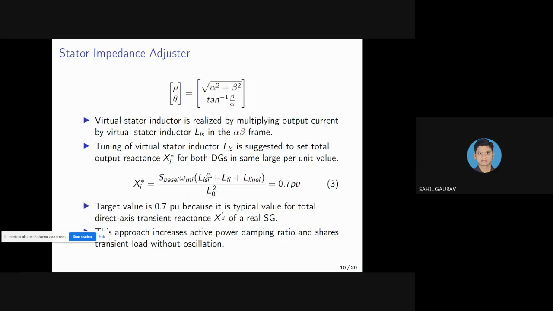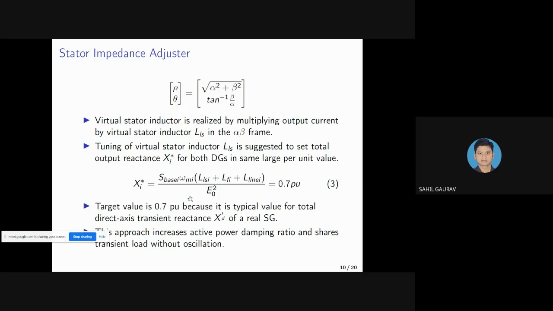And here we have to find this LLSI. The I just indicates the different distributed generators. Here the LFI and LLNI, that is the line inductor I, are considered known parameters because we know the inductor value of the line and the inductor value of the filter. We also know S base I, omega mi, and U naught square.